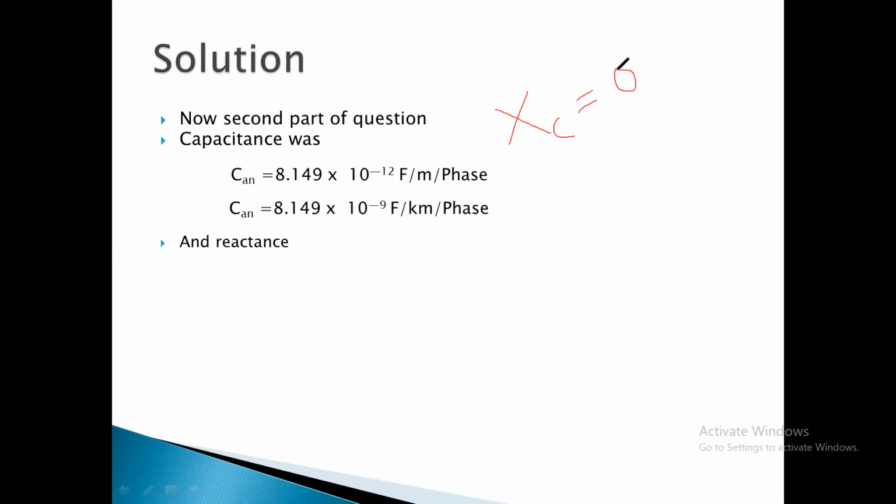If I have 0.5 ohm per kilometer per phase, this is the reactance of one conductor per kilometer per phase, because per phase represents a single phase.